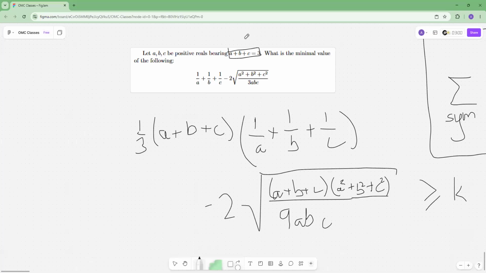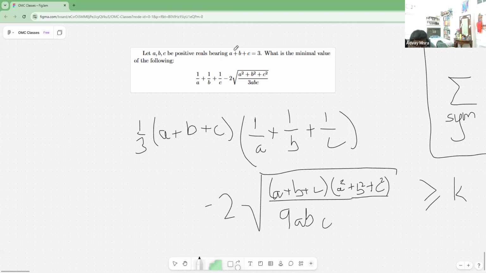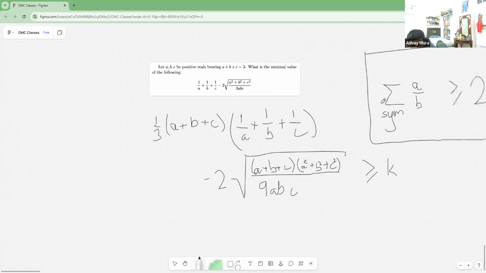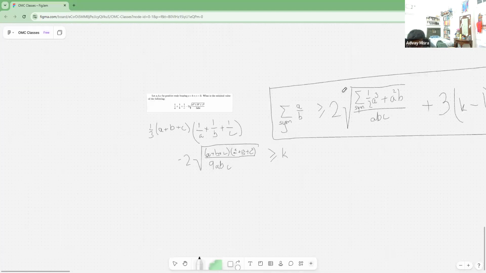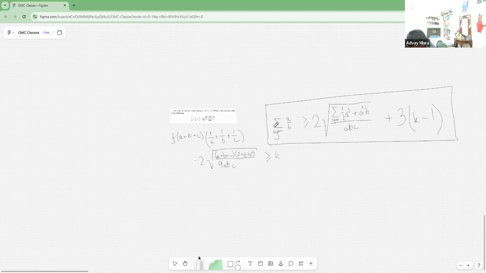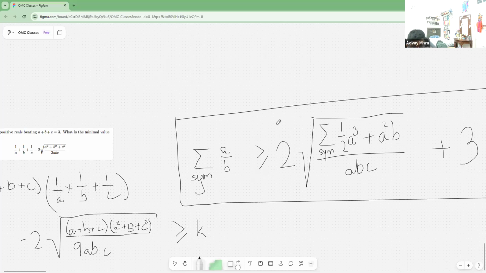Okay, got it. So basically, we want to maximize A, B, and C, so that we can have a minimum value of this expression. But looking at the homogenized version, here's one way to think about it.